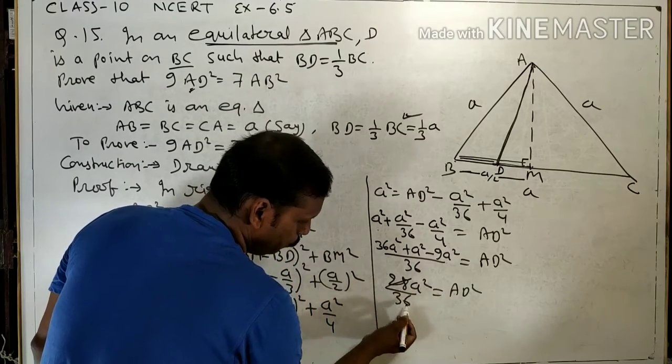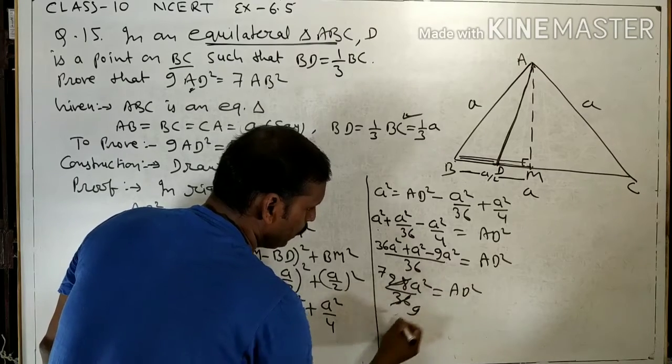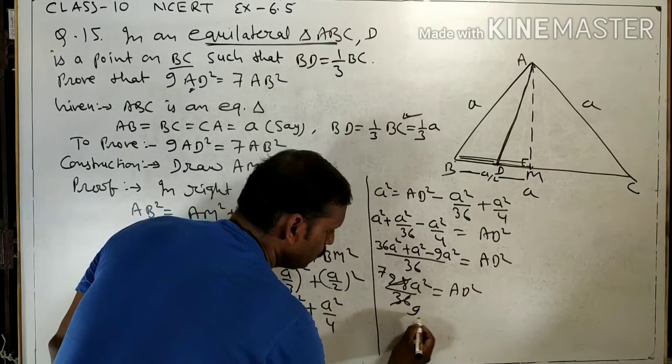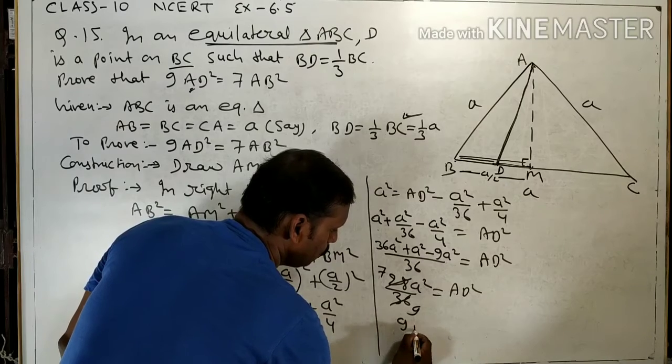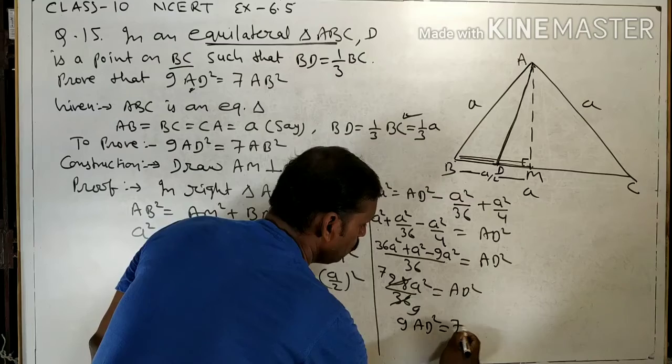Cancel it. 4 sevens are 28, 4 nines are 36, and by cross multiplication we have 9 AD square equal to 7A square.